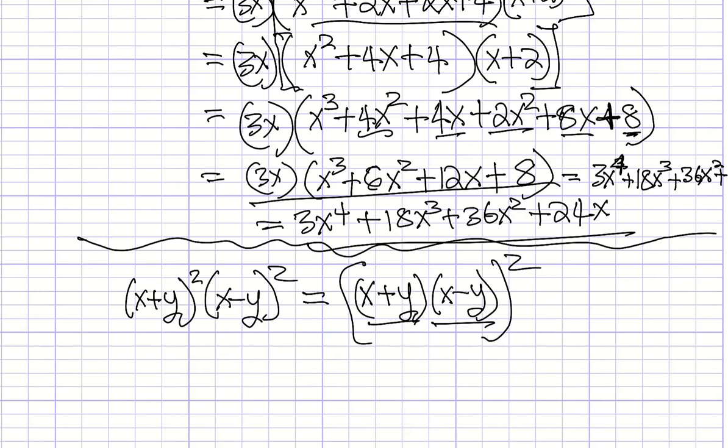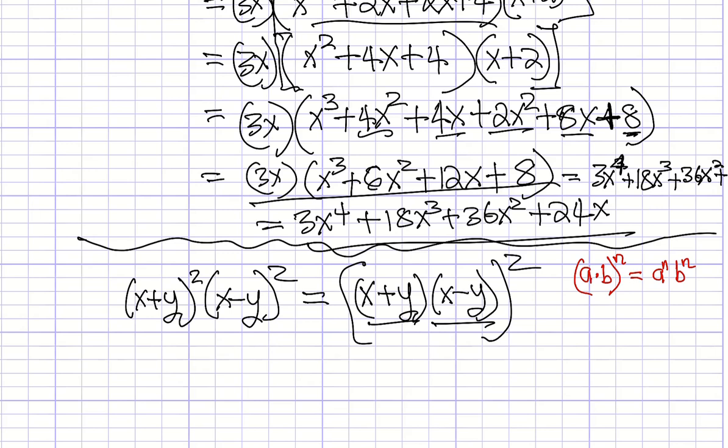Remember the rule of exponent. If you have two things inside bracket, both of them multiply each other and you raise to that power, you can distribute it like that.